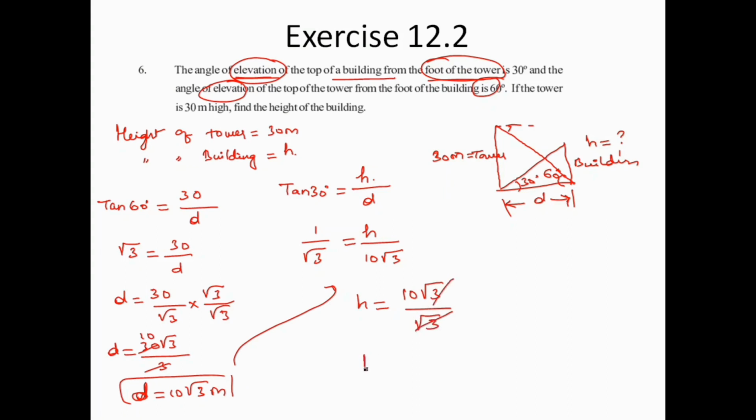Root 3 is removed and h came out to be 10 meters. Therefore, I can say directly that the height of the building, that is h, can be written as 10 meters only. I hope this is also clear to everyone.